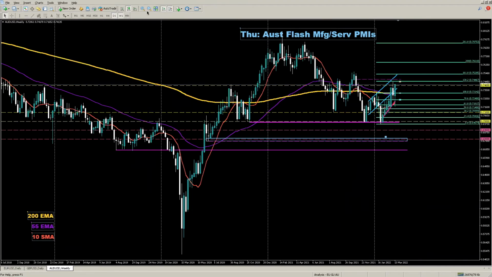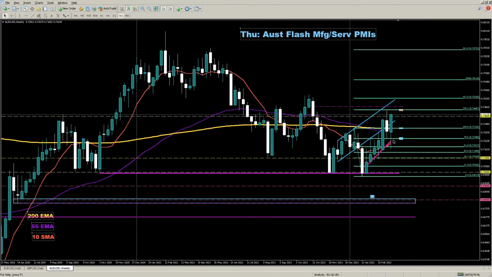Let's also take a look at the weekly time frame, and yes, there's a very strong bullish bounce for last week. And it does look possible if we find some resistance up here, it could drive it up to the 200, this 162 pip extension area.